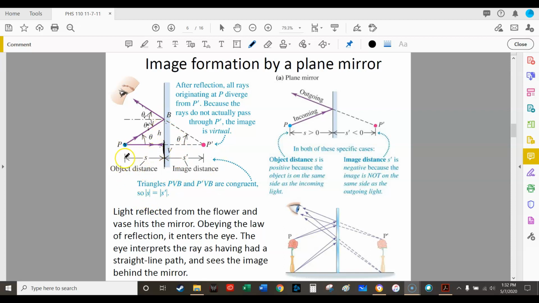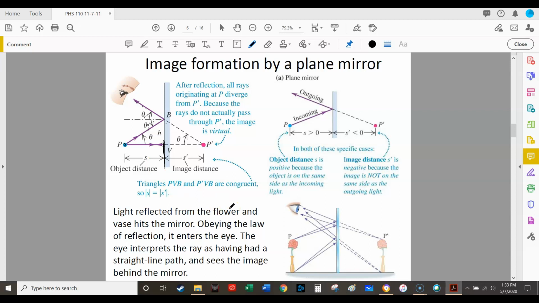Our brains will see that this distance, our image distance to the interface, is going to be the same distance as the object's distance to the interface along a straight line, right? A direct line to the interface. That's one thing that's really cool: our eyes see that reflective distance the same.